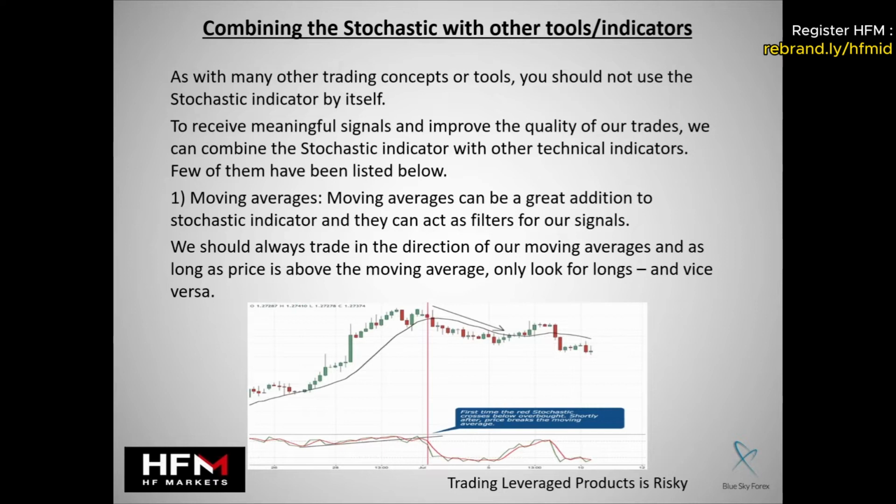Maybe stochastics will help you filter out some potentially bad trades. Why not, right? So just to improve the quality of trades and give you more meaningful signals, you can use stochastics for that, along with some other technical indicators.